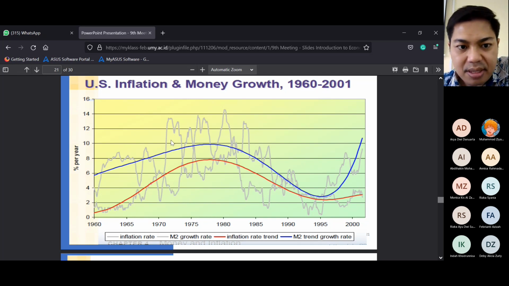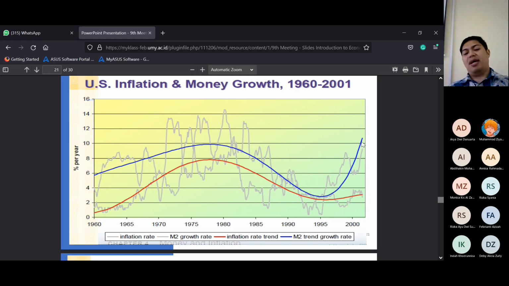Here the inflation rate, the orange and the blue one, and here is the money growth. So if the money growth increases, the inflation will increase. And the other way around, if the money supply decreases, the inflation goes down.